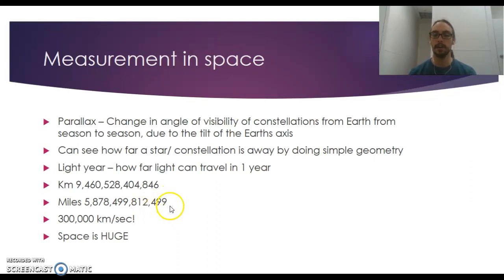So that's how far light can go in 1 year. It's amazingly fast. It's about 300,000 kilometers per second. So, think about how you go 80 miles an hour in the car. These things are going 300,000 kilometers per second. That's extremely, extremely fast. And all this tells us is that space is huge.